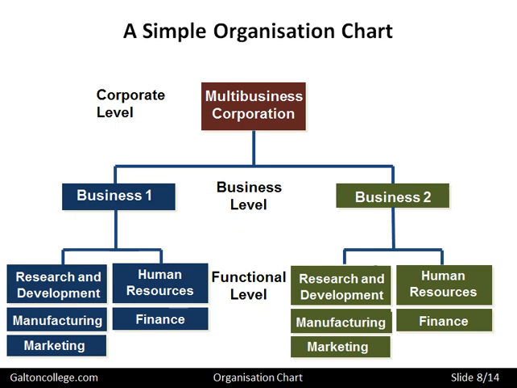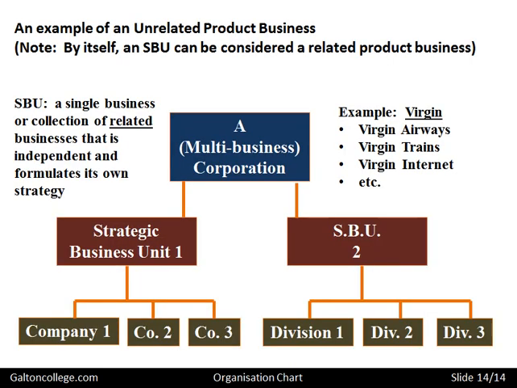That's a possibility. Or the corporate level going to businesses who have their own functional levels. That's a possibility. And of course now we've got to the example we're just dealing with now, where we have strategic business units.